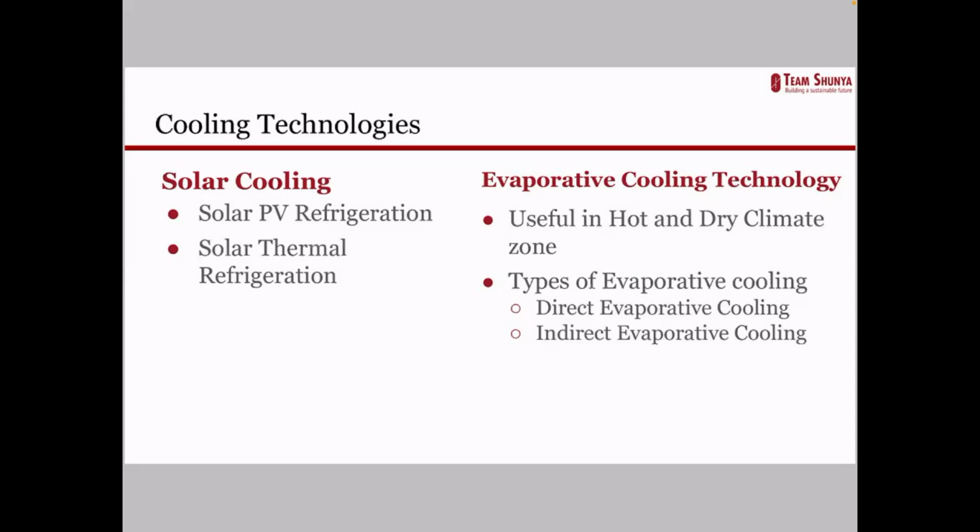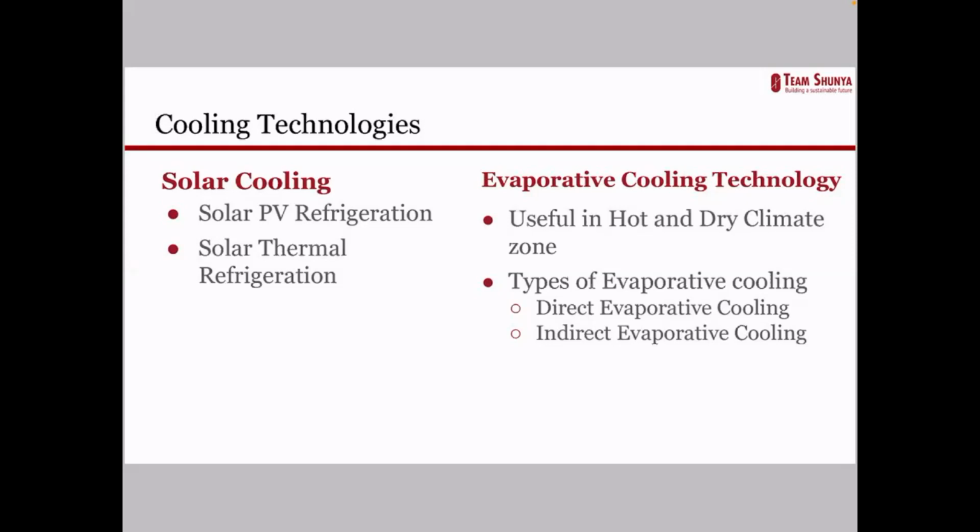The more cost effective and practical way available for cooling right now is evaporative cooling technologies. If we are living in hot and dry climates like Rajasthan and Gujarat, or some of the cities from MP, then we can experience that during the summer time, along with reducing the temperature, we also have to add some moisture in the air.